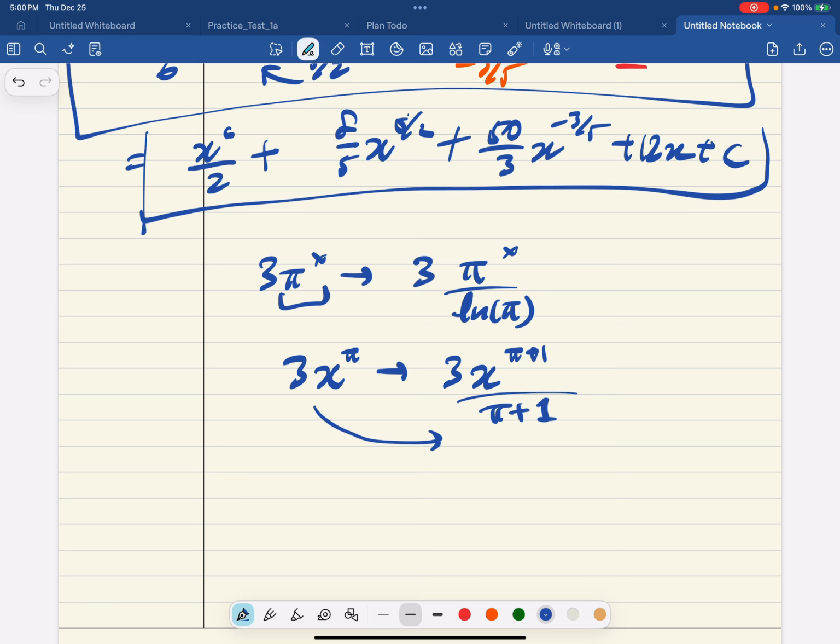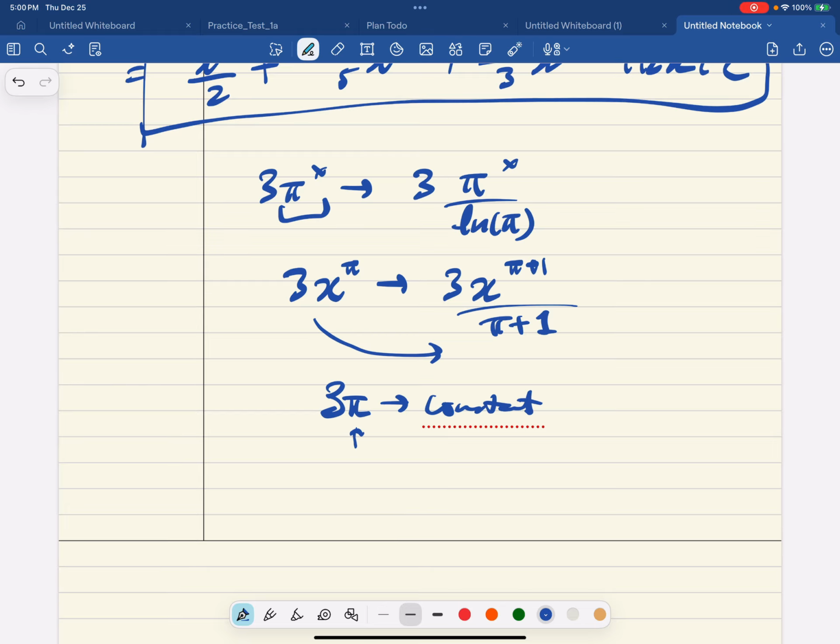And another common mistake I see, or that the teacher tells us because they don't correct anything, is that 3 pi is a constant. Lots of people mix up the pi and go like, it's a pi to the 1. I honestly don't know what the mistake could be, but 3 pi is like 3 times 3.14, so it's going to be like 9.14, let's say.